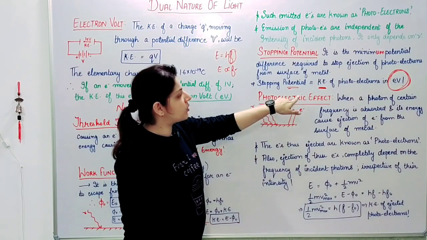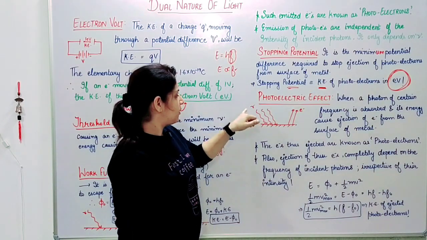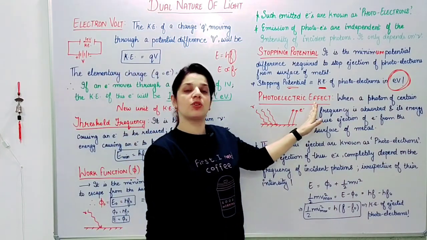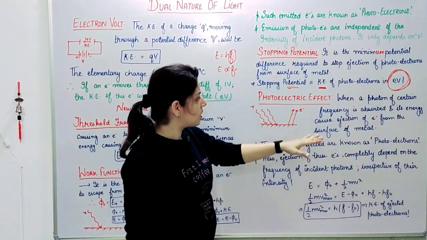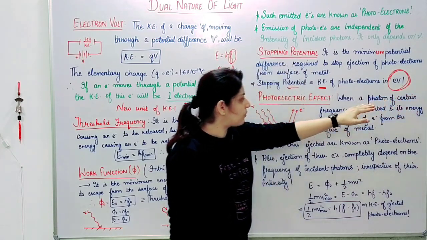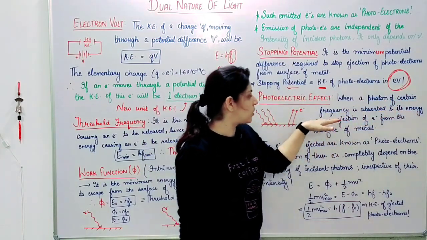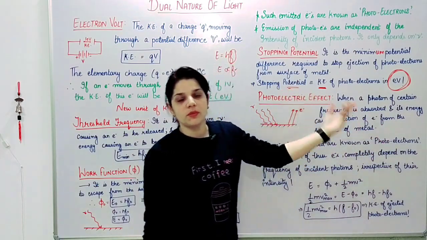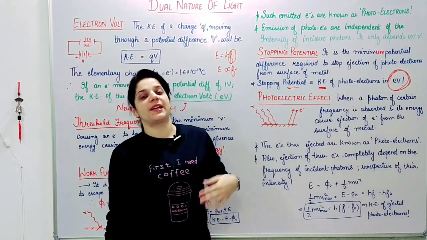Photon creating electrons effect. Photons of certain frequency incident on a metal surface, emission of electrons known as the photoelectrons. When a photon of certain frequency is absorbed and its energy causes ejection of an electron from the surface of metal, it is known as the photoelectric effect.